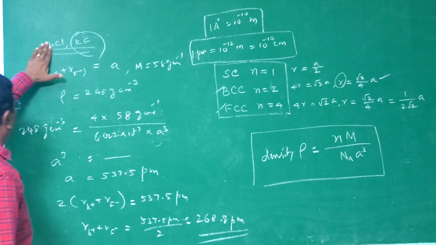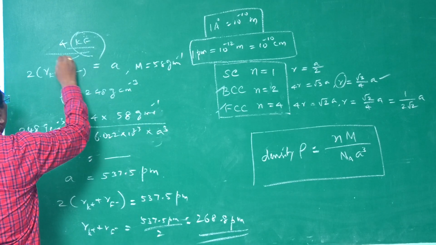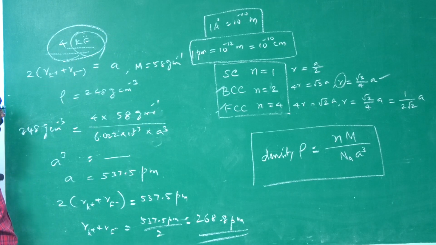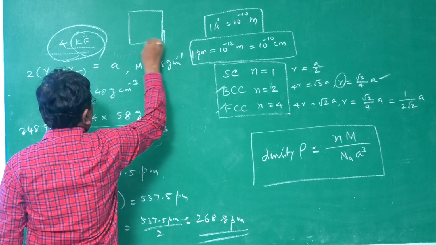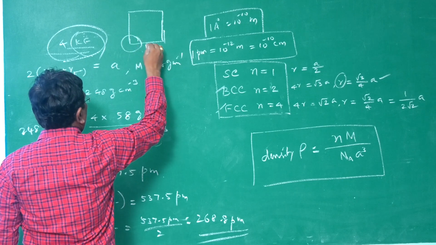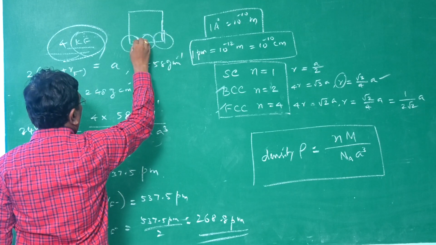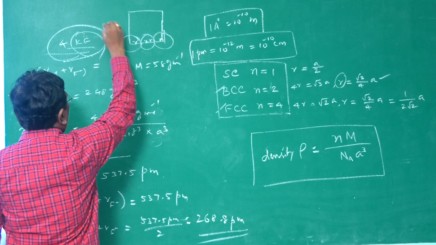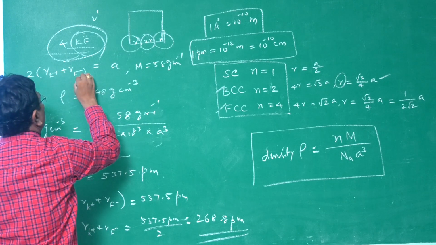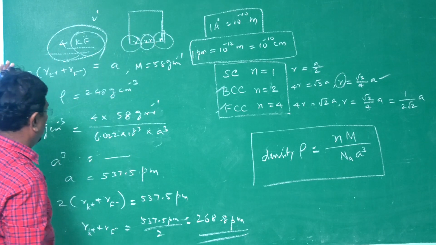Potassium fluoride is FCC, 4 KF are present, and as I have shown in this arrangement, potassium, fluorine, potassium: R, 2R, R. Therefore, 2 into R K plus plus R F minus equals the edge length. You should not forget that.